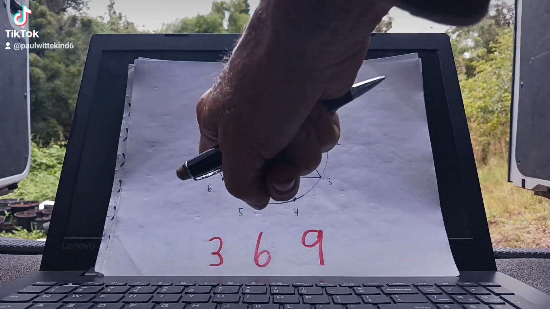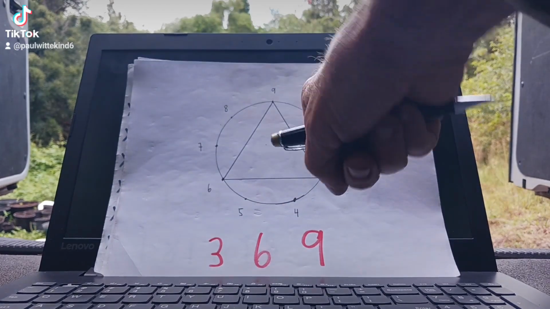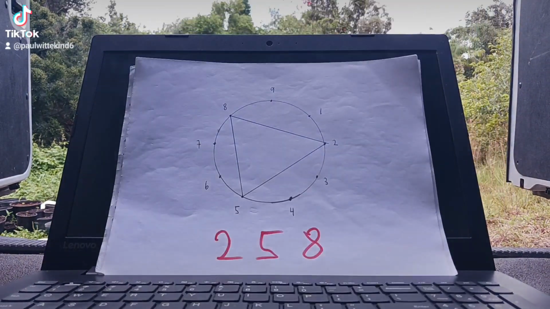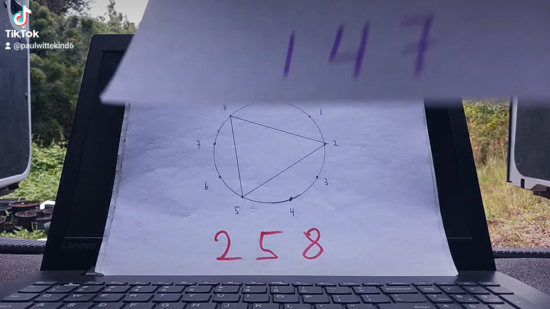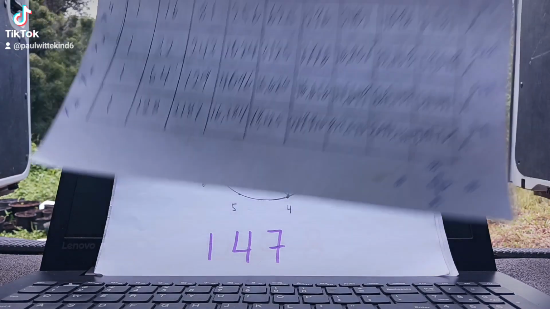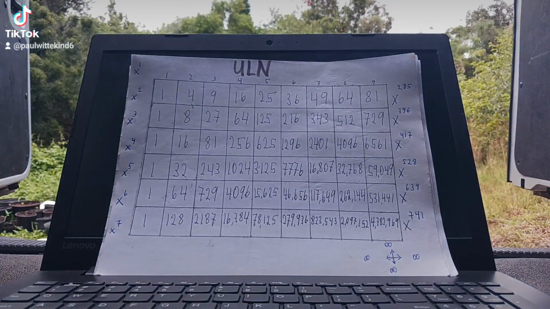I mean, 369, 396, 639, whatever, it's all the same thing. 258 is the same thing as 369 and 147. 147 is a 3, 258 is a 6, 369 is a 9. But it's the same triangle, and they're doing the same thing. It's just a different starting point.